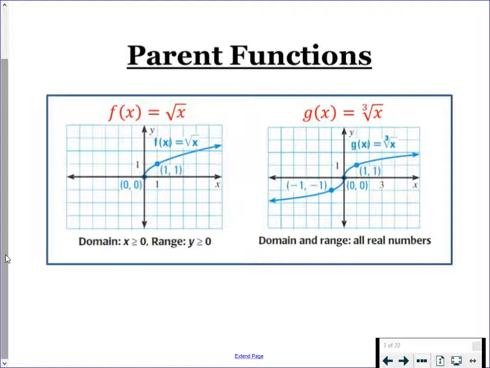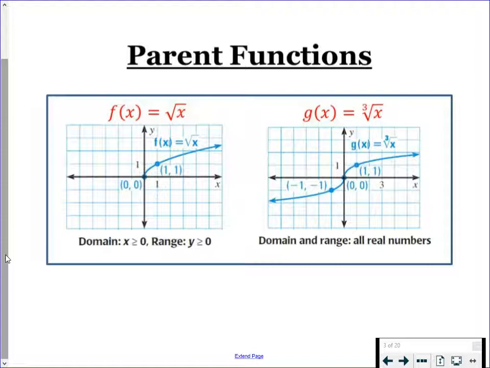The good news, and why you should really like the cubed root of x, is that every single time, no matter what you do to that function, it is always going to be all real numbers for both domain and range. Beautiful. You can reflect it, you can stretch it, you can move it up, you can move it down. Doesn't matter, that graph's going to keep going.